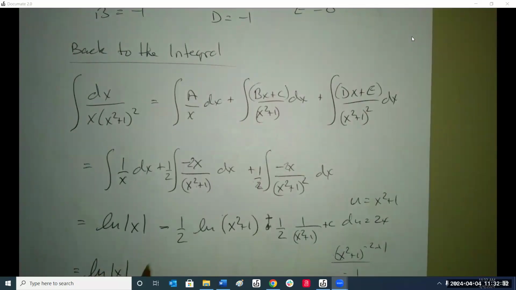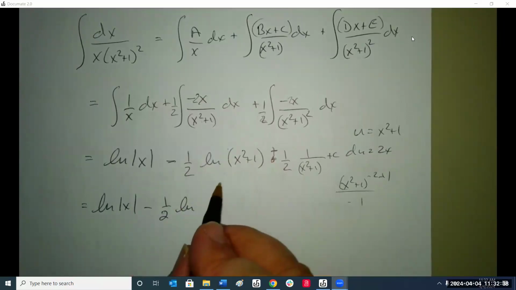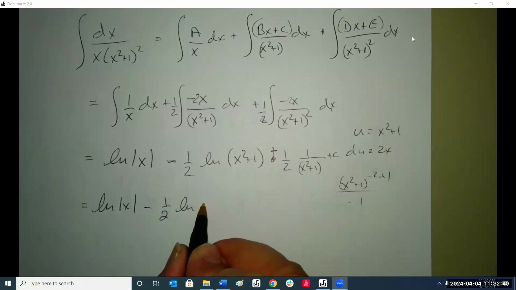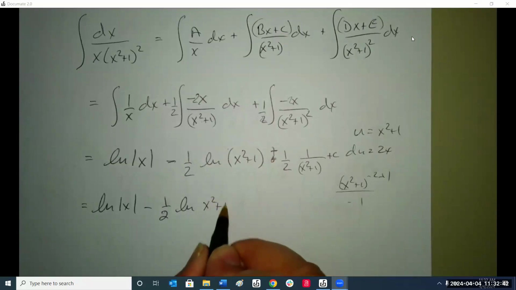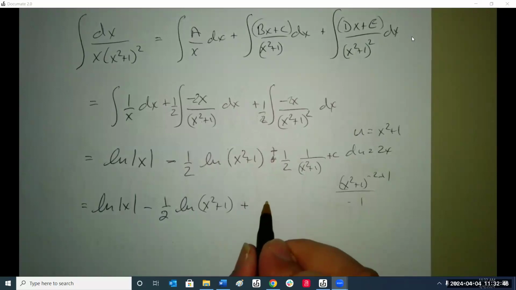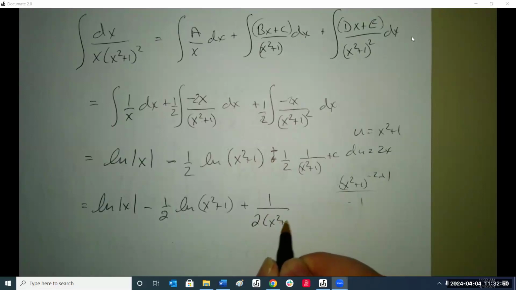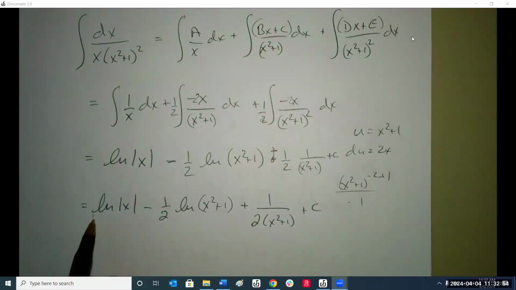Ln absolute value of x, minus 1/2 ln of x squared plus 1, plus 1 over 2 times x squared plus 1, plus c. Okay.